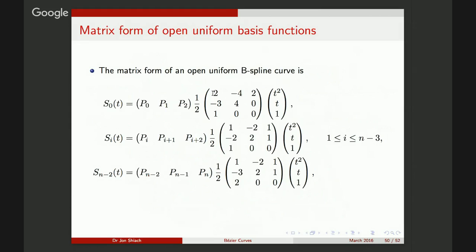So at the beginning you have to use this one. So we say spline 0 is the first one. Spline 1 through to n minus 3, where n is the number of control points minus 1, we use the standard one, and for the last one, we use this one.